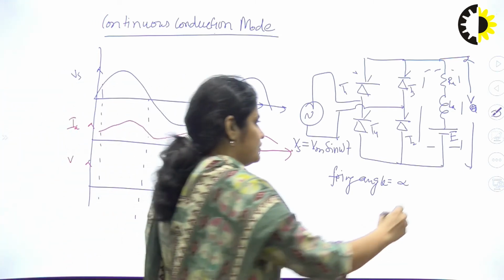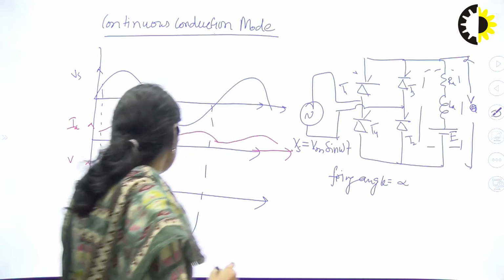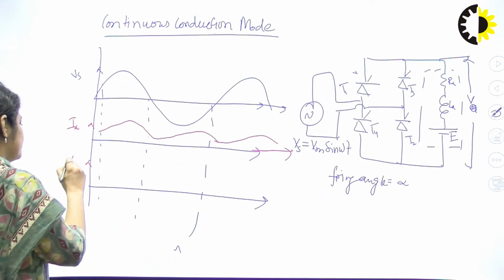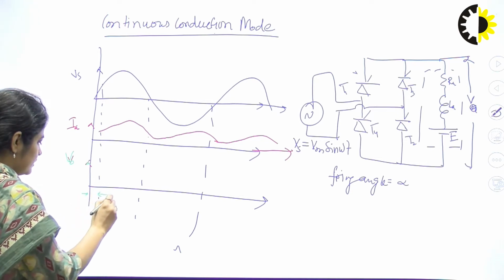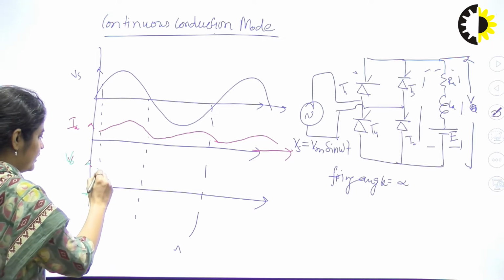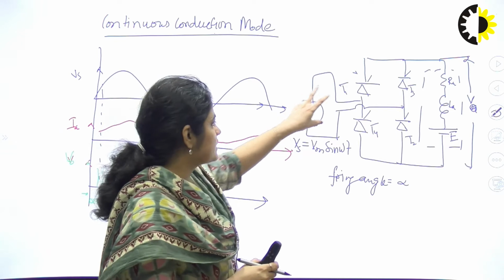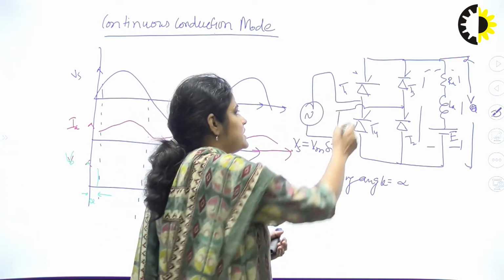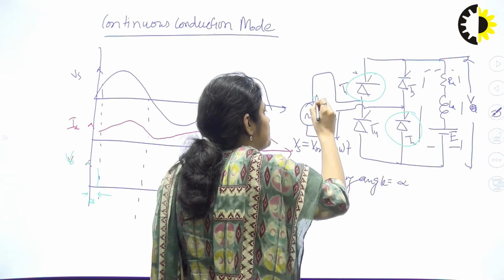Now we try to draw V0, the output voltage. Suppose the firing angle is alpha.